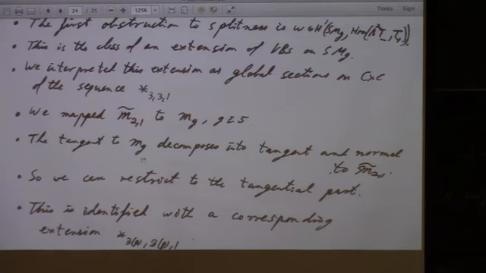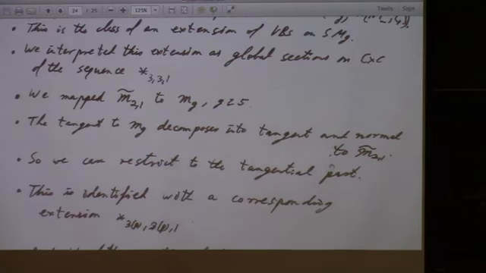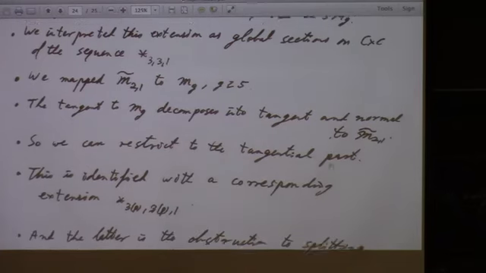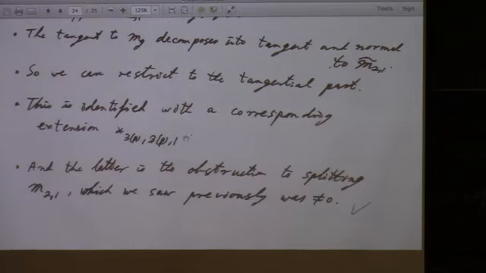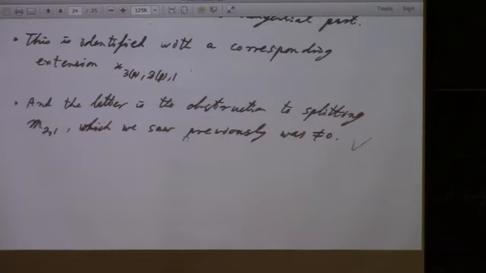Then we're able to show that the tangent space decomposes into the tangent and normal bundle. So it's not an extension, it's a direct sum decomposition. So we can restrict the tangential part to the tangential part, and this is identified with the corresponding extension from M21 tilde, which we already showed was non-zero, and that's how we showed that the moduli space MG itself is non-zero.